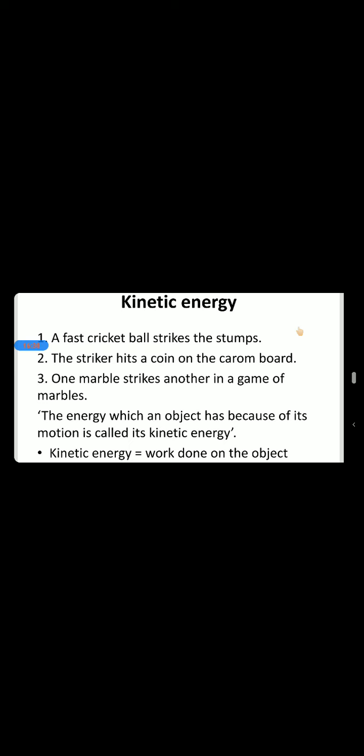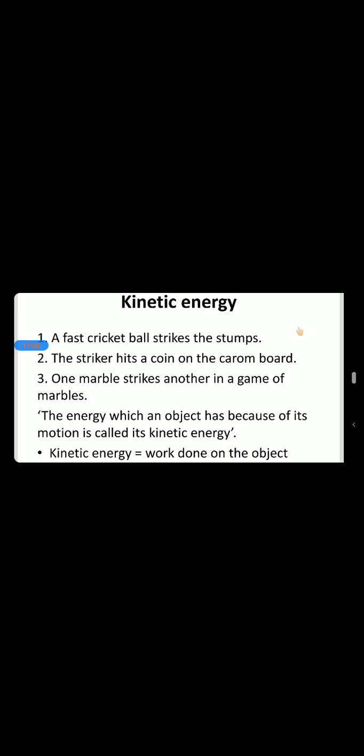Second example, the striker hits a coin on the carom board. Suppose while playing carom, we hit the striker, and the remaining coins kept on the carom board get affected, they start moving, they are displaced from their original position. While we are not touching them directly, still they get moved. Why did it happen?